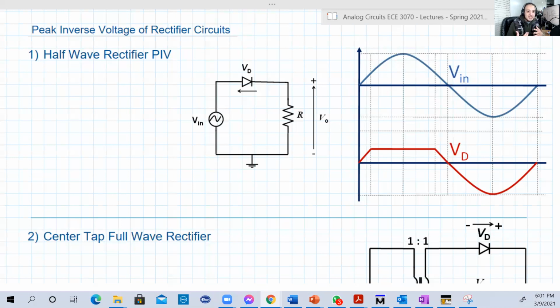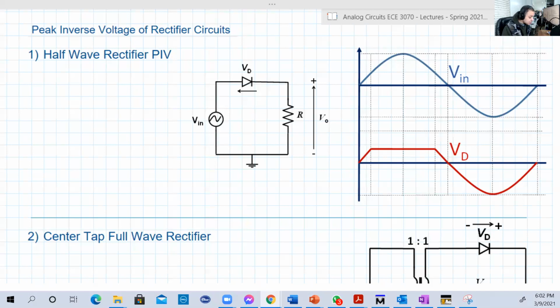Okay, so basically we should calculate the maximum reverse voltage the diode sees during operation when it is reversed. Then we buy a diode with higher than, for example, if the maximum voltage that the diode sees is minus 100, so when we buy a diode for such application, minus 101 is good, minus 102 is good, minus 150 is good, minus 1000 is much better.